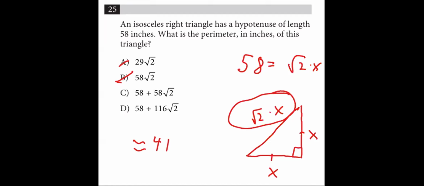Then when we multiply by 2, because we have 2x, that gets us approximately 82. 82 is approximately equal to 58 root 2, because if we do 58 times the square root of 2, we get 82.02. So the correct answer is C, 58 plus 58 root 2.